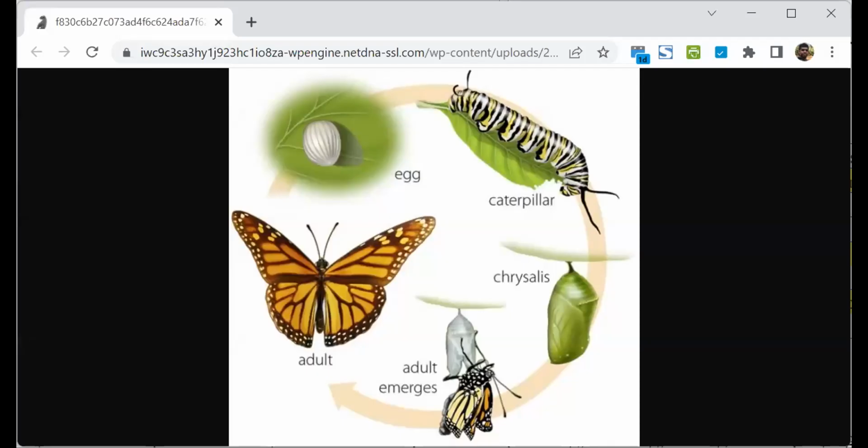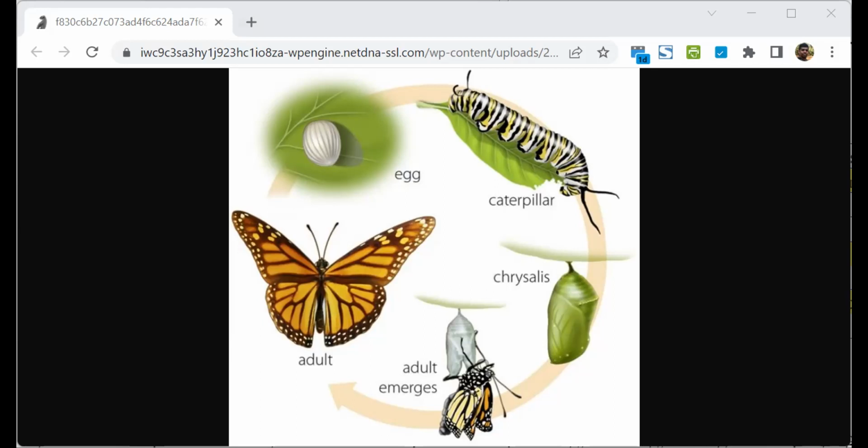You see here, we can see the life cycle of a butterfly, or we call it the butterfly life cycle, which means you will see these different stages, right? Starting from the eggs, we have the caterpillar, right? We have the pupa, right?